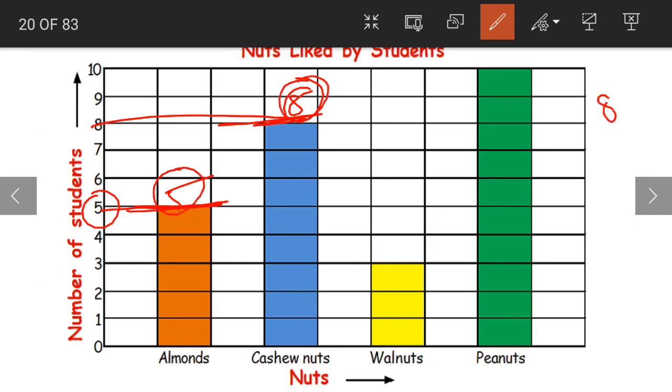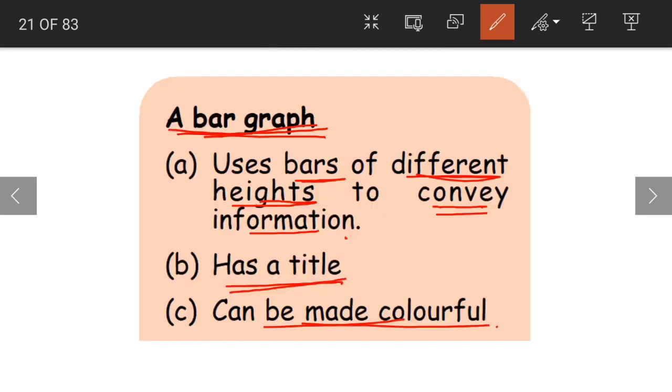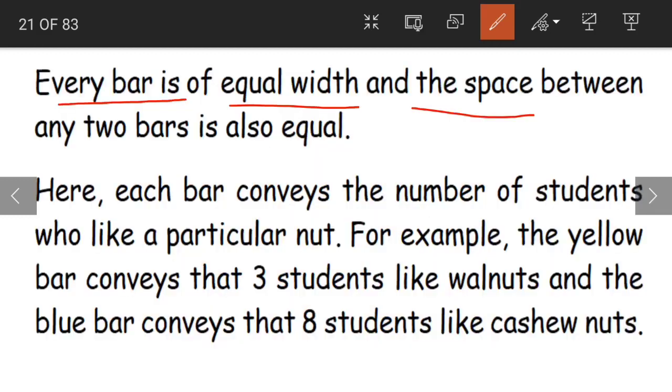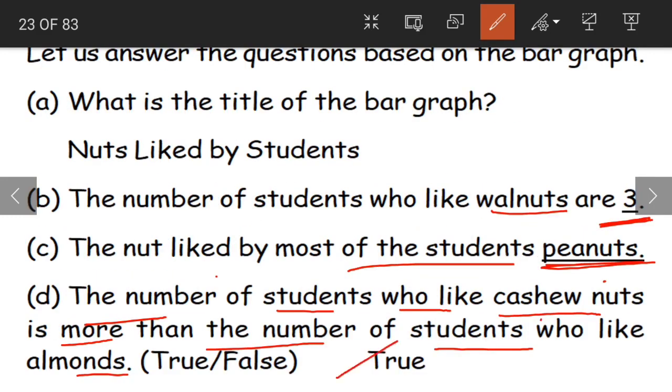What is the relation? 8 is greater than 5. So cashews are liked more than almonds. And this is also the statement given, yes, that the cashews are liked more than almonds. So the statement becomes true.